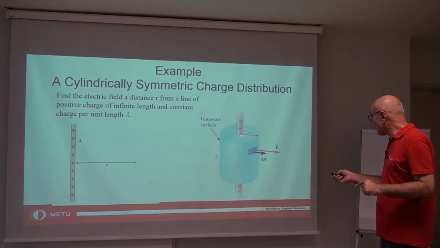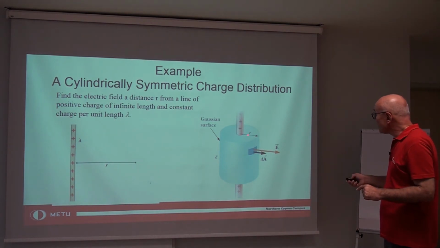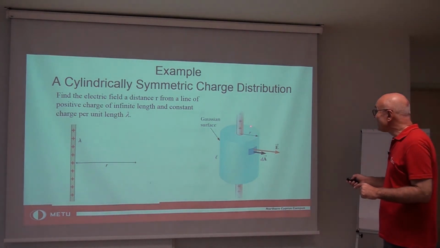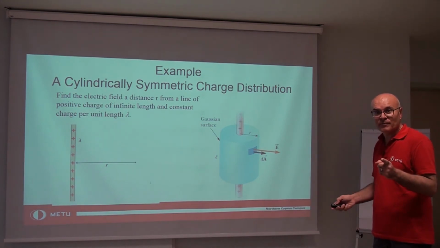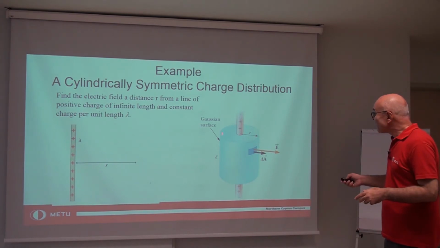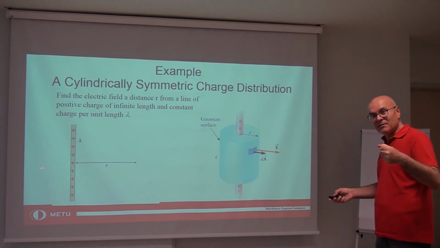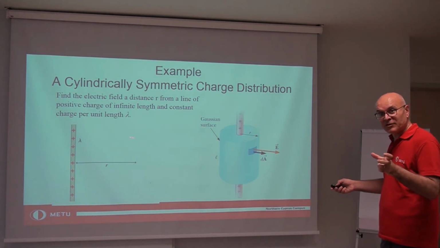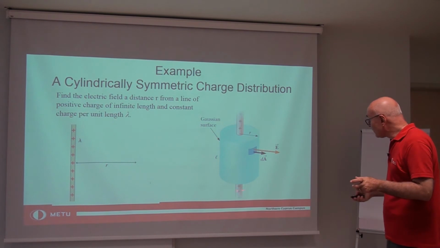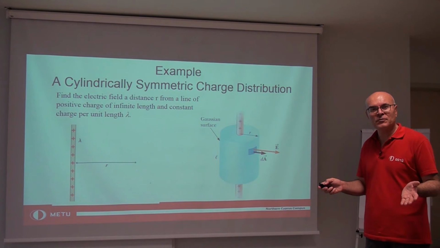Since the dA vector is always normal to that surface, the angle between the electric field and dA is always pi over 2, and so the cosine of that angle is 0. So in the Gaussian integral, the E dot dA expression for the upper and lower bases will give you 0 all the time, so it doesn't contribute to the flux.